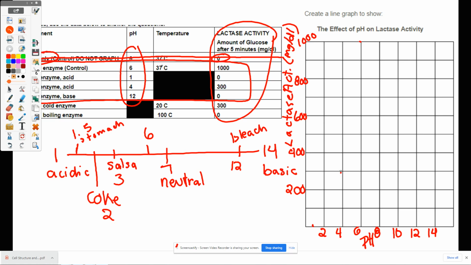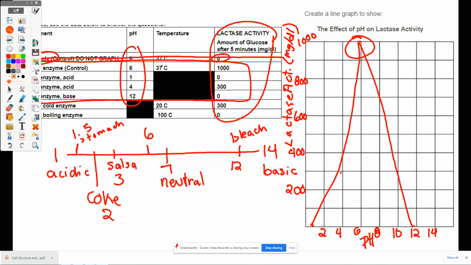And a pH of 12 has a lactase activity of 0. Once I have those plotted, I'm going to connect the dots. Yours will probably look a lot better than mine on this board, but you should have a peak like this. Now, what does this peak show us? It shows us that lactase works best at a pH of 6. That's where it has the most activity.